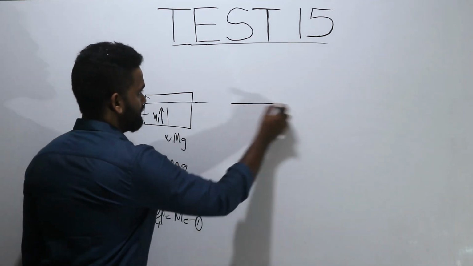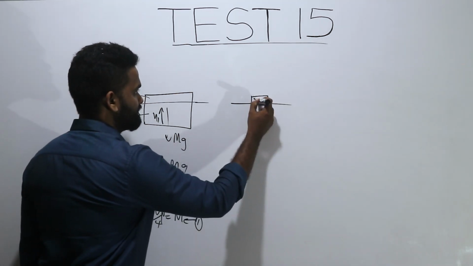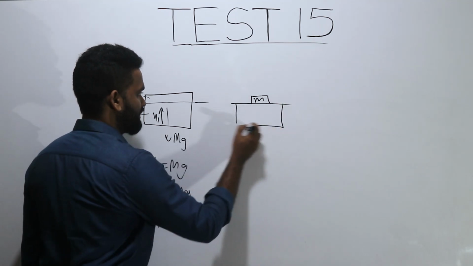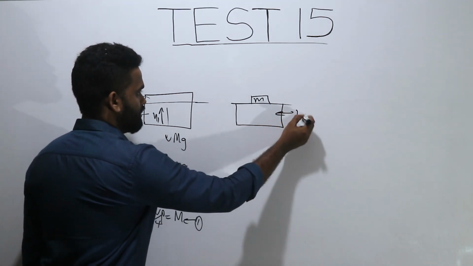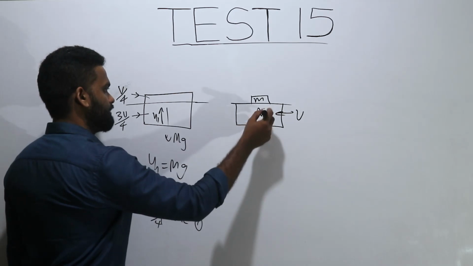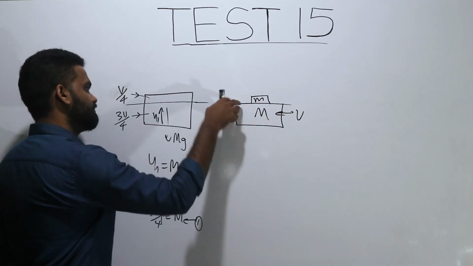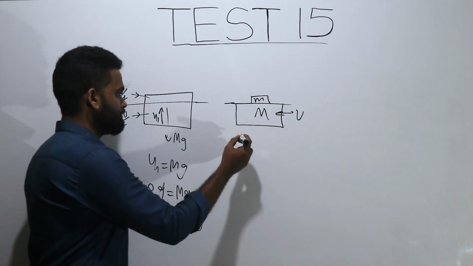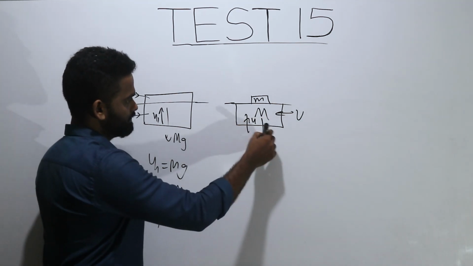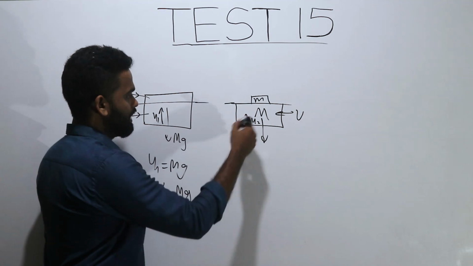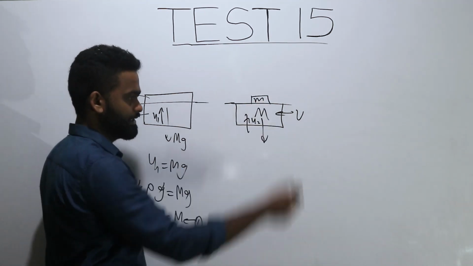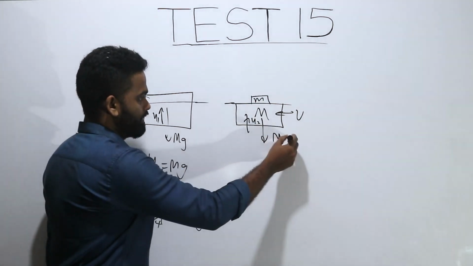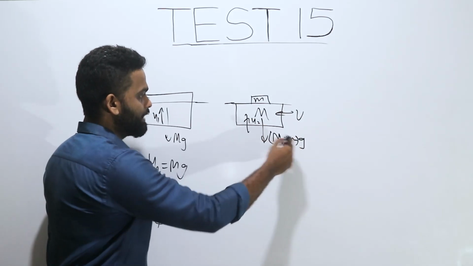Then in the second case, when you place small mass m on top of capital M, the whole thing just sinks below the liquid level. Then again apply upthrust, force equilibrium. Now the total weight is (m plus M)g.